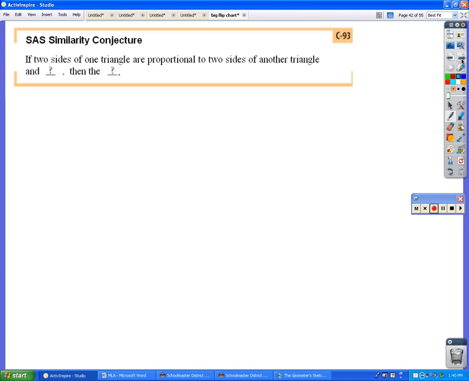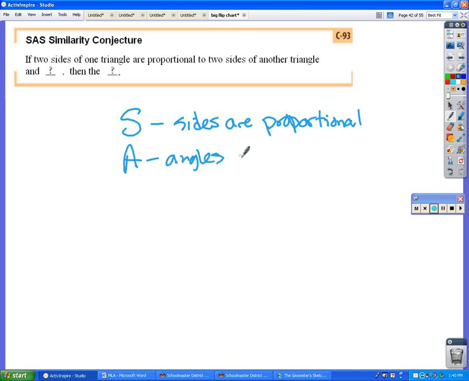In the middle of the 2 sides, and so that means that the angle that's the same has to be in between the 2 sides. So the S's in here mean sides are proportional. But the A in here means the angles have to be what? Right, the angles have to actually be congruent. They can't just be proportional or proportionate. Okay? So the sides are proportionate, the angles are congruent.